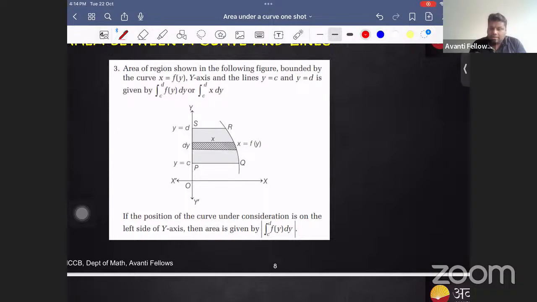Now simply nothing much to do. Area will be what? Area will be integration c to d. The way we were doing y dx there in the previous portion, here we will do x dy. Got it? Or if you can write the function of y in terms of x. Am I clear?